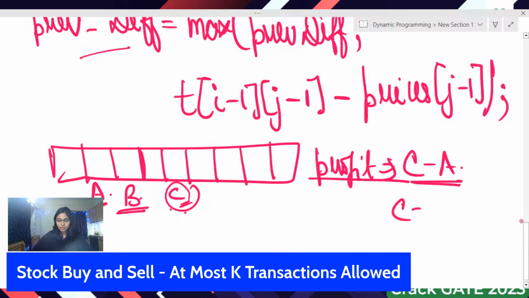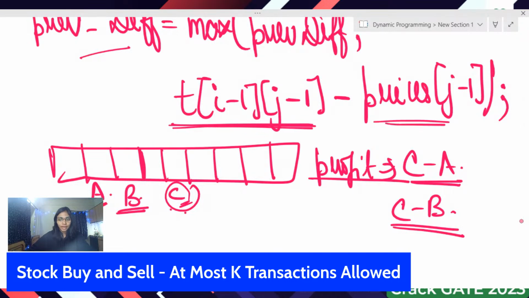C minus B. So basically, whatever current value you are at, you are simply subtracting the value of the stock from it. So it is just a normal subtraction, selling price minus buying price.